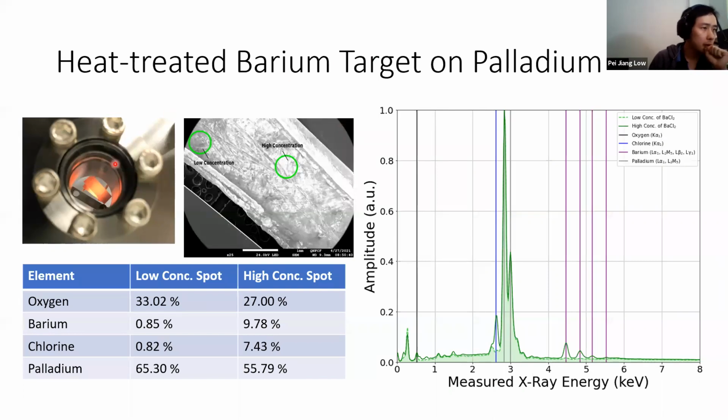We tested this on a palladium substrate. We just heat treat the salt on a palladium target. The heating method that we tried is resistive heating, just passing current through it and heating it until the salt melts, which you see over here. And then if we look at it under a microscope, this is what we see.